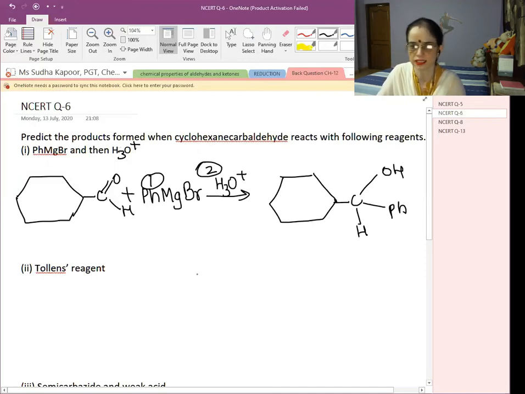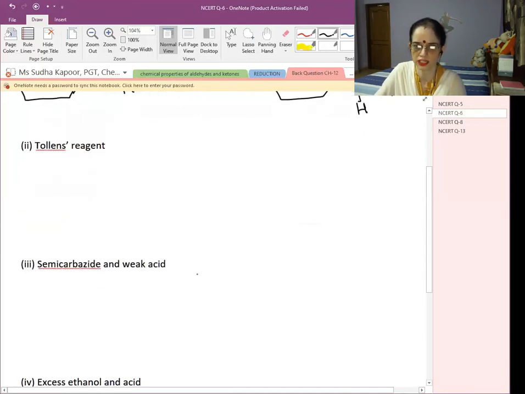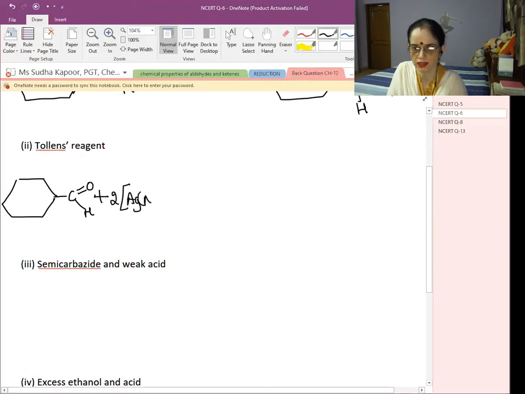Now in the other case, we are having the Tollens reagent. So if cyclohexane carbaldehyde, this is the cyclohexane carbaldehyde, is treated with the Tollens reagent. All of you must be knowing that the Tollens reagent is ammoniacal silver nitrate, and aldehyde used to give the reaction with it. Ag(NH3)2 positive charge, followed with the basic medium.